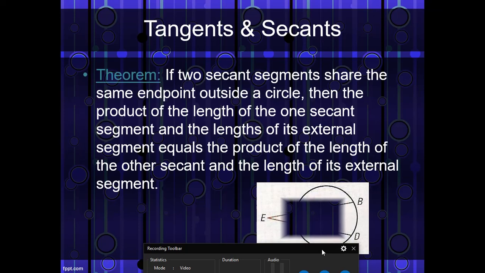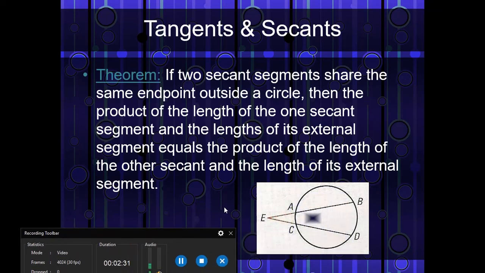So theorem number 2 says if you have 2 secants in a circle, to find the missing pieces or any part on the secant, we're going to take the external portion and multiply it by the whole, and then it will be equal to the external portion on the other secant times the whole secant itself.